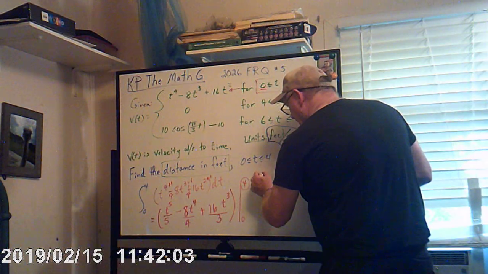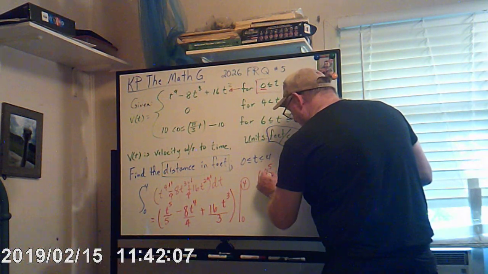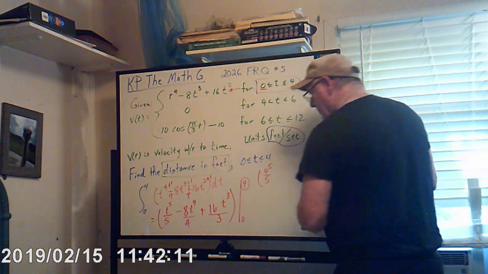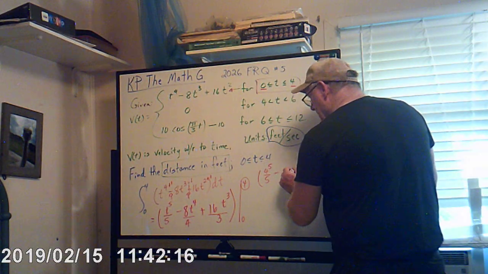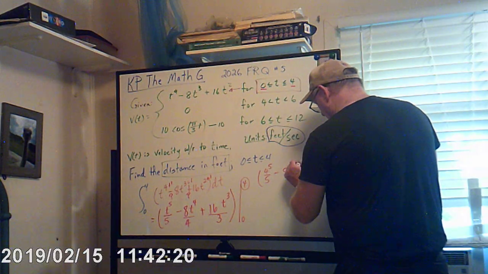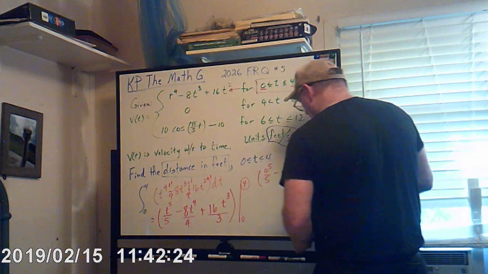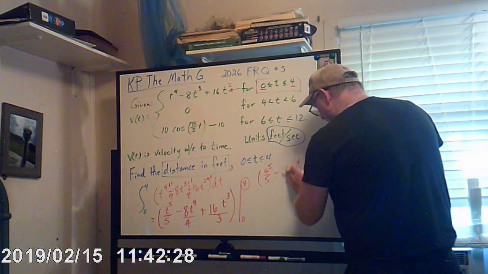Okay, so 4 to the 5th over 5, minus 8 times 4 to the 4th over 4. And if you want to make that a 2 at this point, you can. So 8 over 4 is 2.